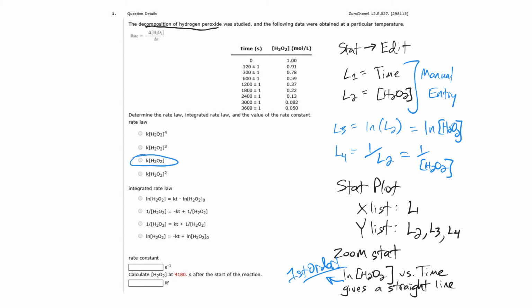The differential rate law would be the only one with a sum of exponents equal to 1. The integrated rate law just follows the format of any first order reaction, and you can find that in our table of integrated rate laws for each of the reaction orders. And then to find the rate constant K, there are a couple of different strategies.